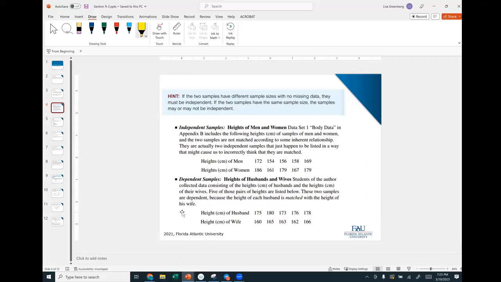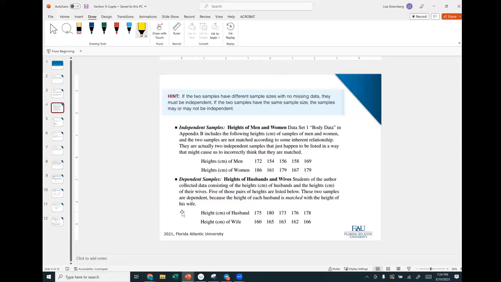So maybe in general, tall men have taller wives. Shorter men would have shorter wives. So that pairing does mean something, as opposed to just heights of men and heights of women who don't even really know each other. So hopefully you understand the difference between dependent and independent.